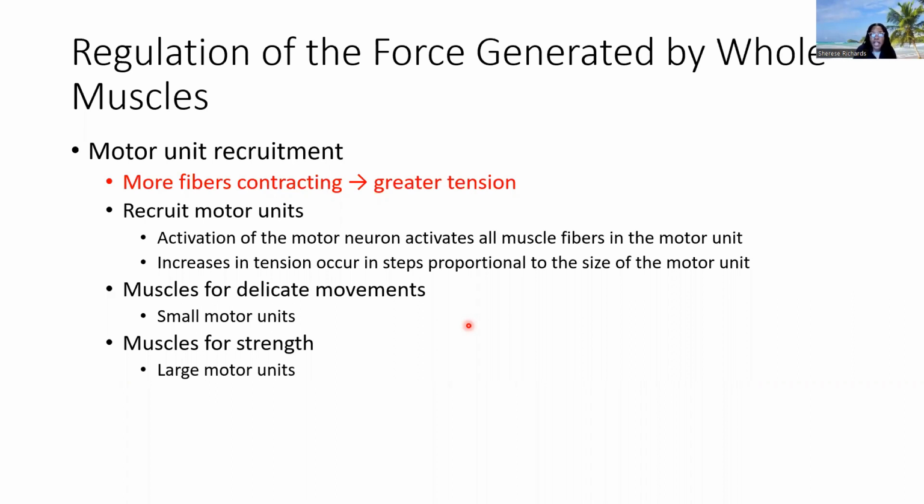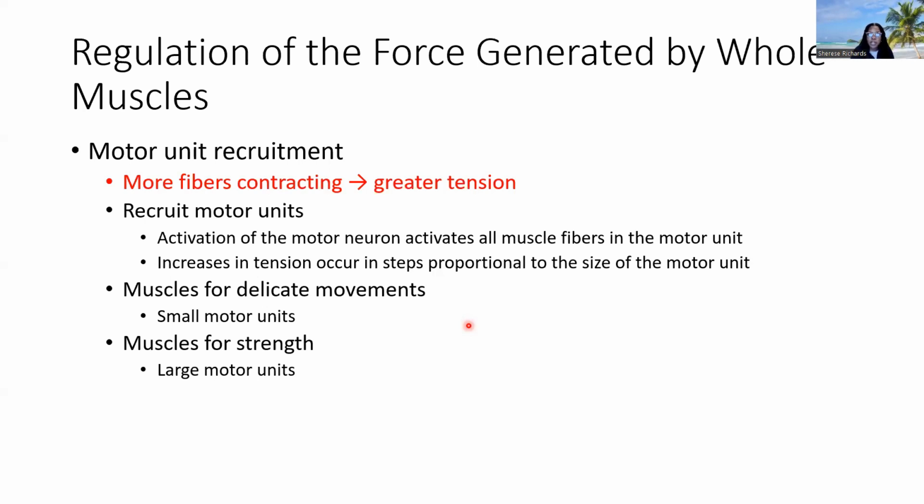So for small actions, for delicate movements, like the movement of our fingers, the movement of the muscles of the eyes, which are really small, delicate muscles, I'm going to recruit small motor units, which have small fiber diameter, and they are attached to a small number of muscle fibers. I'm going to recruit those types of units first to do smaller, more delicate movements with smaller muscles.